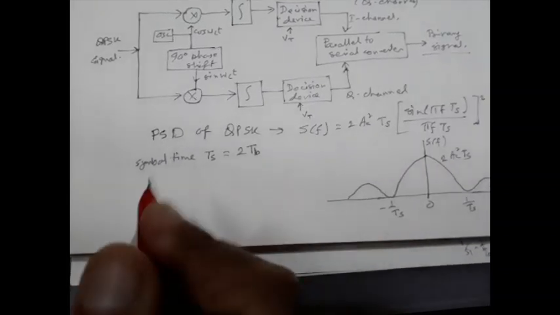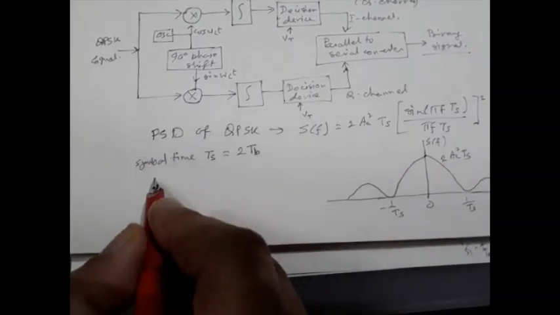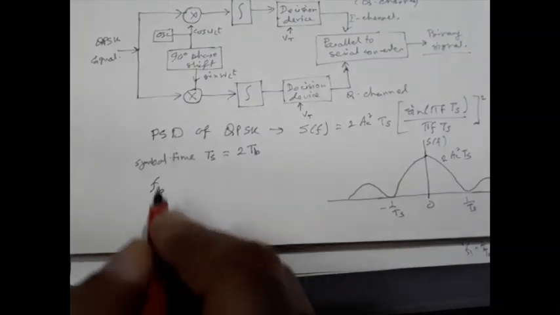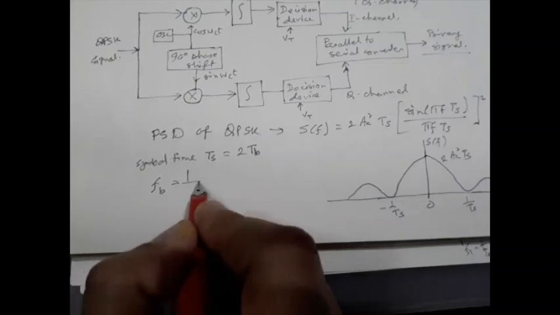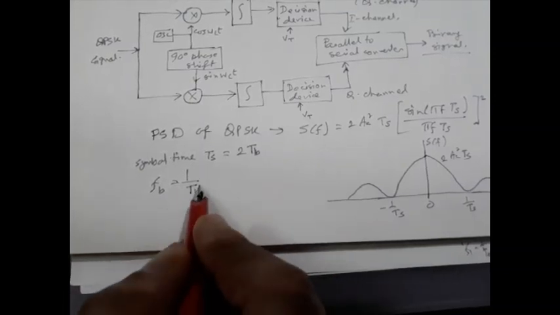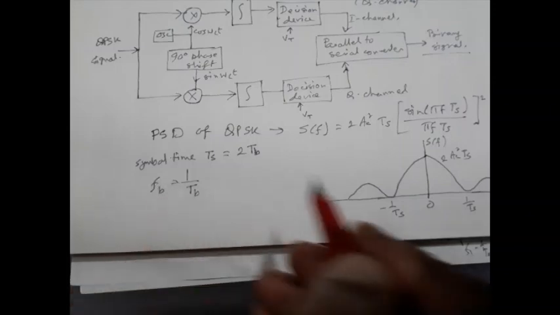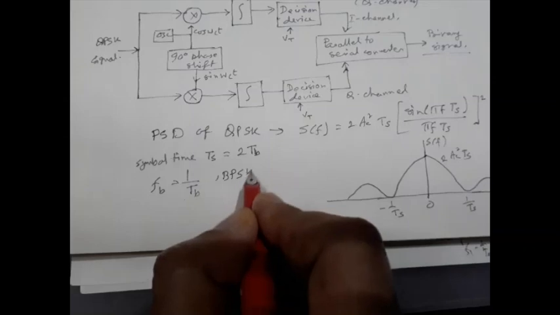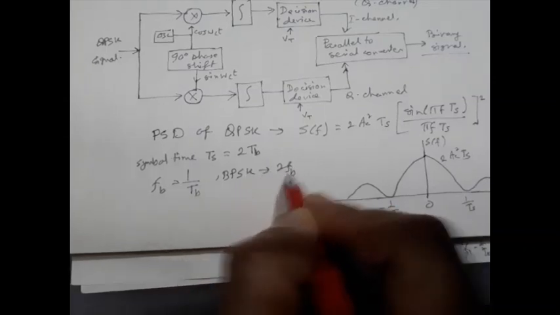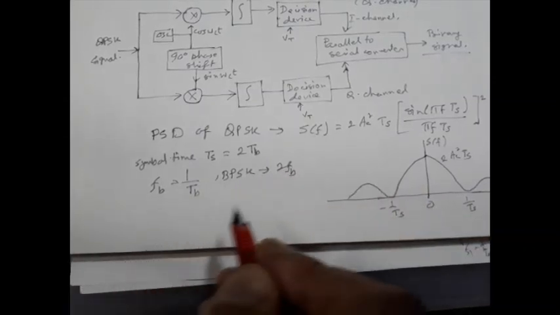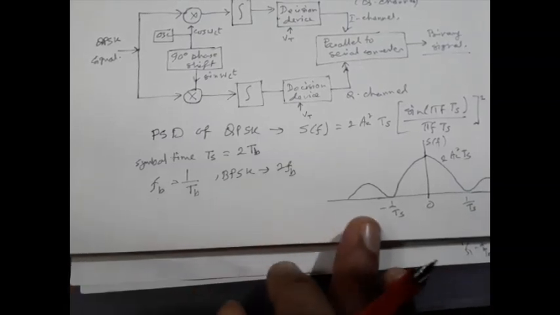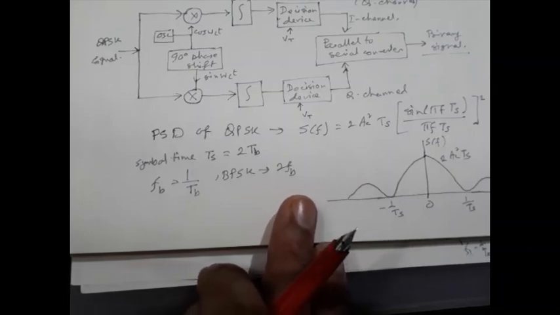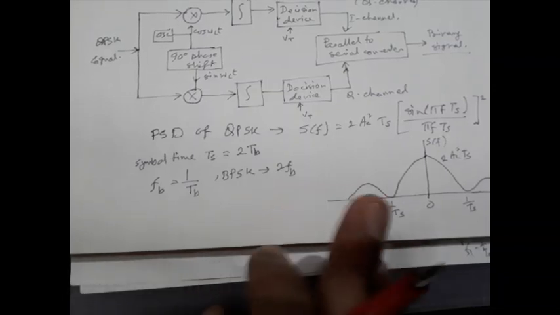Now for the BPSK signal, FB is equal to 1 by TB, where TB is the bit duration, so it is a bit rate kind of. For BPSK, the bandwidth is nearly twice FB. Now for QPSK, the two waveforms form the baseband signal. One bit period for both of these signals is equal to twice TB.